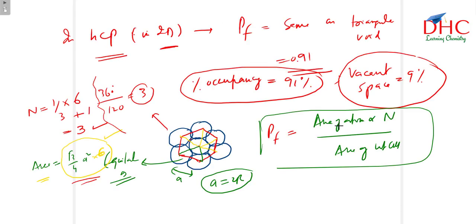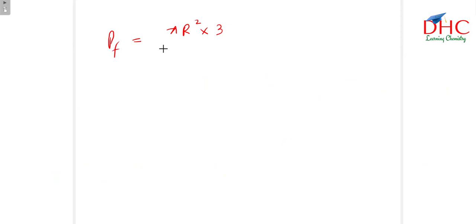So we have PF equal to, that is equal to pi into r square. Number of particles is basically equal to 3. ये जो निकल करके आया, area of atom is basically pi r square because you take area of circle divide by area of unit cell, that is this. So we have divide by √3/4 a square into 6. So a is here equal to 2 times r.